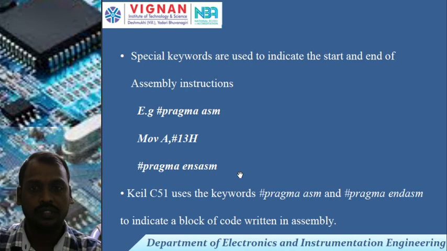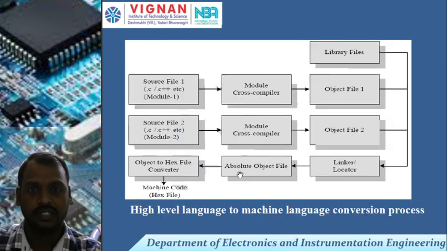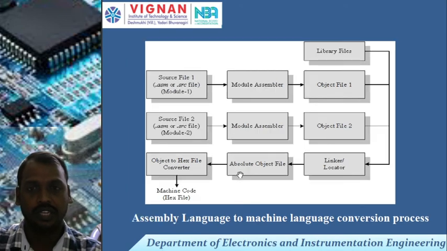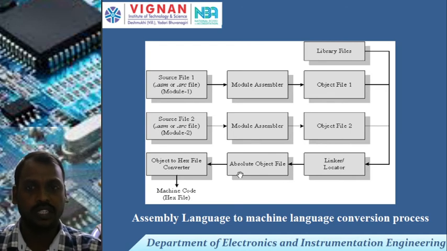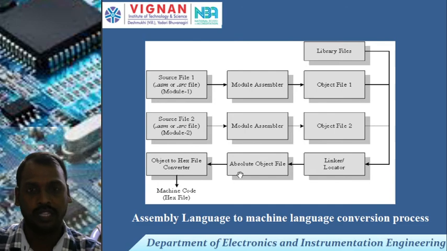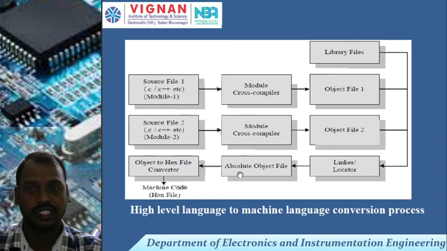Going back to the previous slide, when you write a program in assembly language, the file name should have the .asm extension. After writing the program you can generate the hex file. That file is dumped into the processor or controller to perform the particular application. If you are using C or C++, for example an embedded C program, I should save the file as .c, like add.c.